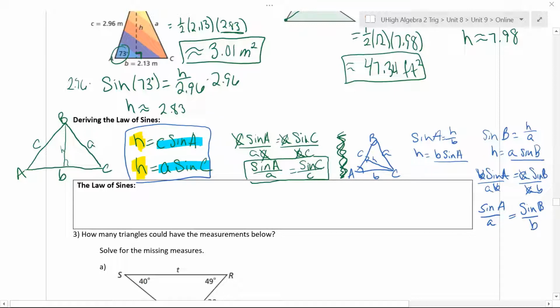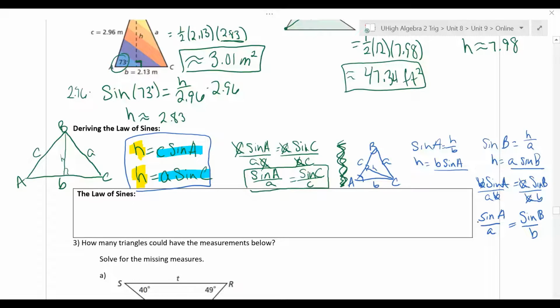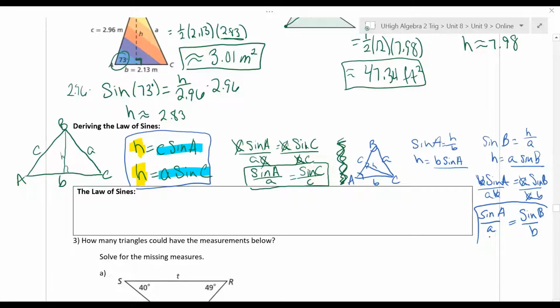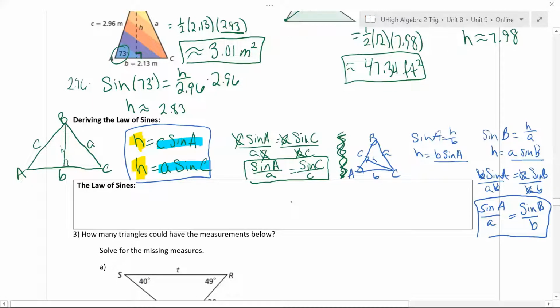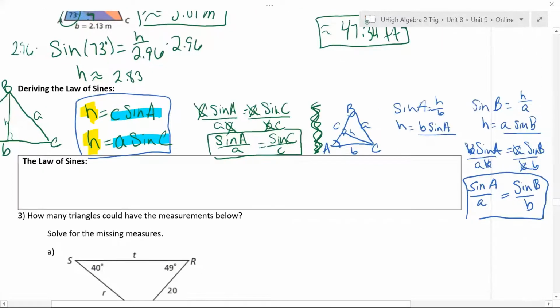So this is really nice because now I have A in a ratio with C, and I have A in a ratio with B. So what that means for my law of sines, and you guys can think back to that transitive property that we hopefully remember from geometry: if A is equal to C and A is equal to B, then that means that C has to be equal to B as well.